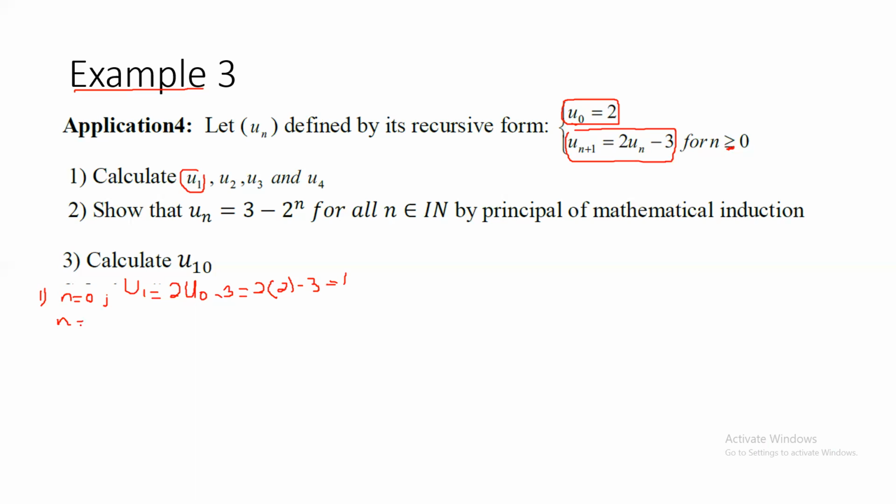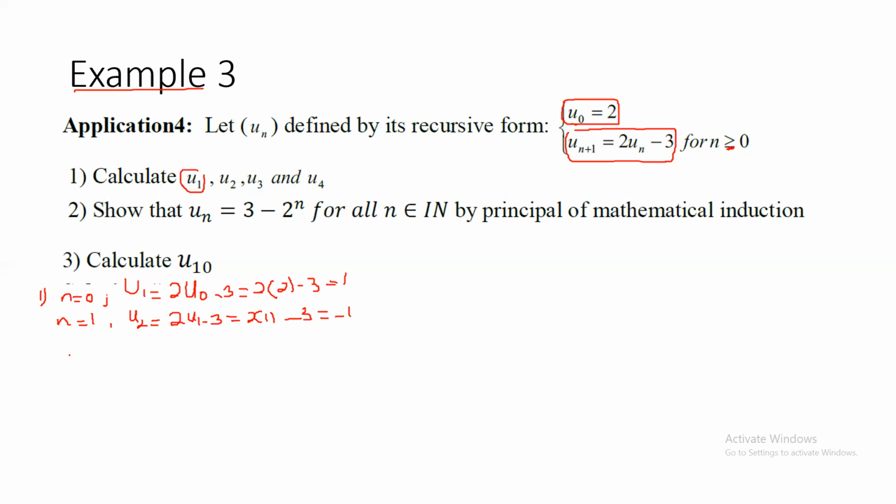For n equal 1, U2 equals 2U1 minus 3. We put U1 equal 1, so 2 minus 3 equals minus 1.